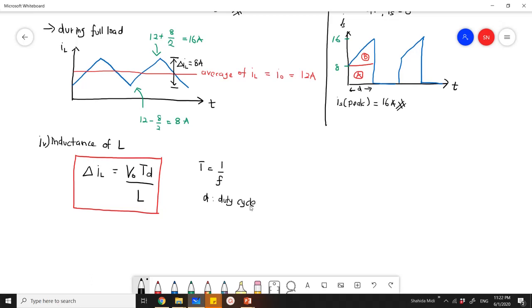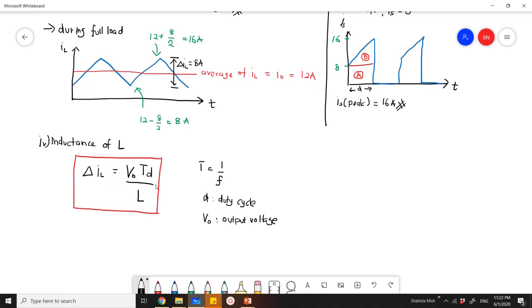And then, okay, of course, V naught is the output voltage. Okay, so here we already found beforehand that inductor ripple current is 8 ampere, so we can use that information here.